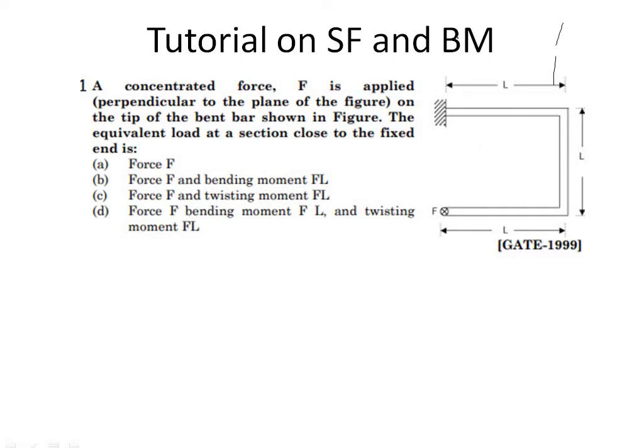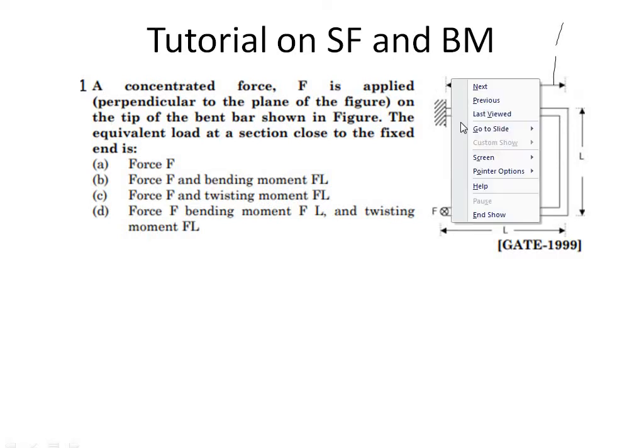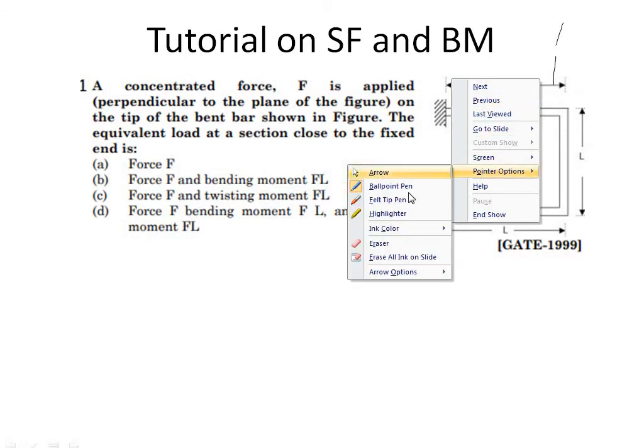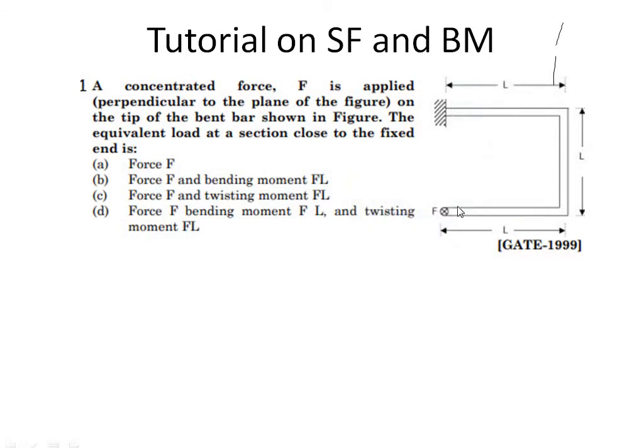But instead you are having a load which is perpendicular to the plane here. So as a result, you will be getting a twisting moment about this point, that is about the fixed point. So the twisting moment, which is equal to F into the perpendicular distance, is L.